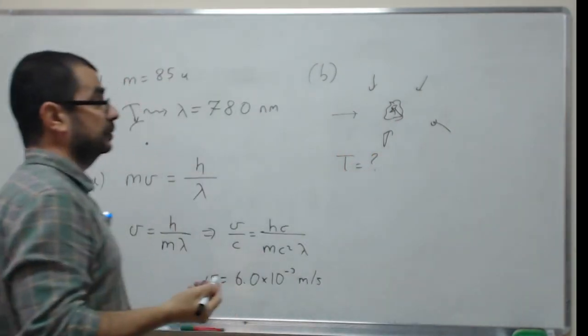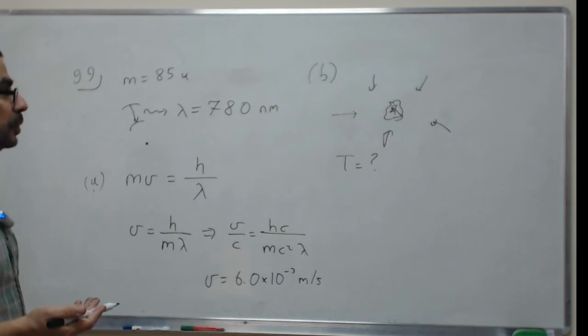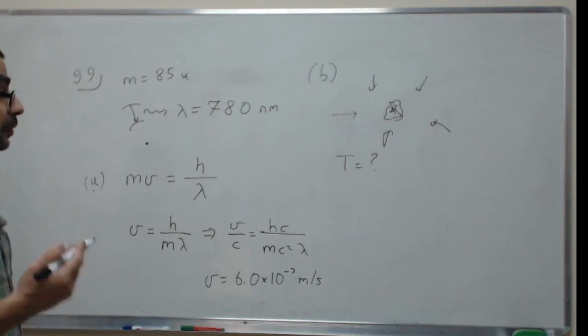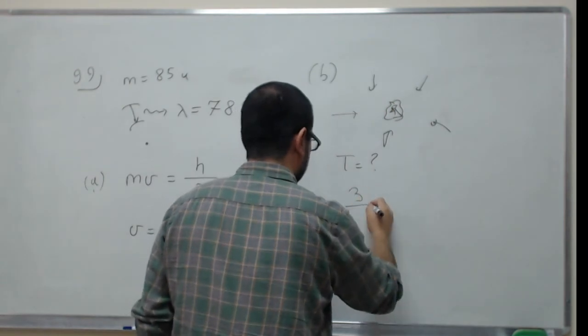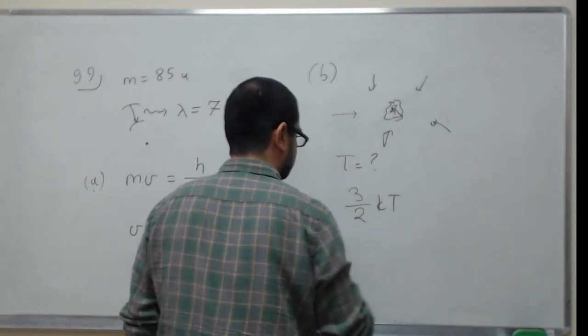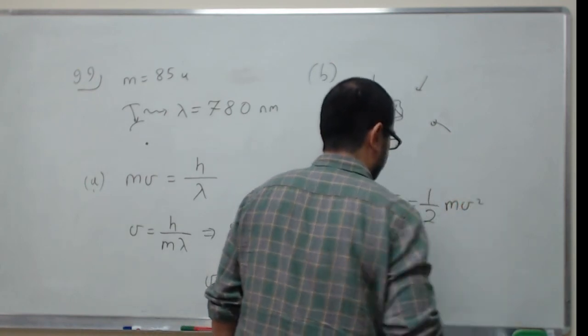And for this, we are going to use the kinetic theory that we have established. So here, because this temperature is very, very low, we only have the motion of the translational degrees of freedom. I don't know what a rubidium atom looks like, but since they are single atoms, in any case, the other degrees of motion will not come into play. So for translational motion, we will have 3/2 kT equal to 1/2 mv squared, right?